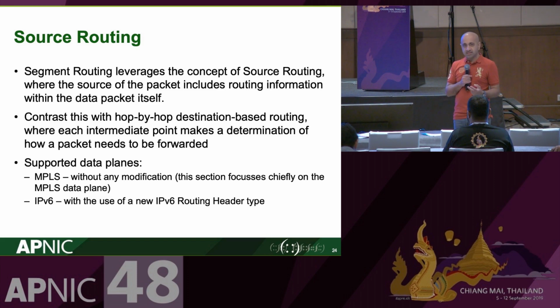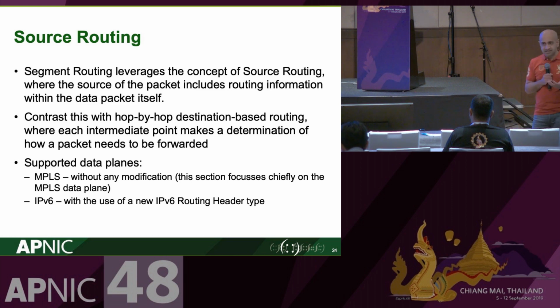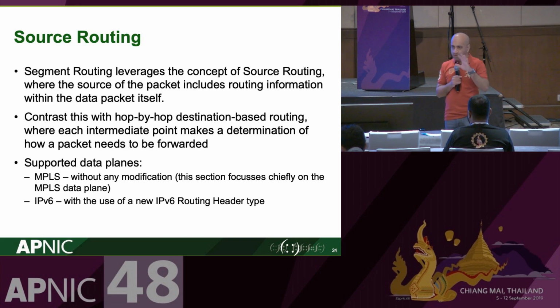One of the data planes is MPLS, but there's also an IPv6 based data plane, which is called segment routing v6, SRv6, where instead of using MPLS labels, we'll be using IPv6 addresses to route the packet. For the examples in this tutorial, I focused on MPLS ones, but we can do a similar thing with IPv6.